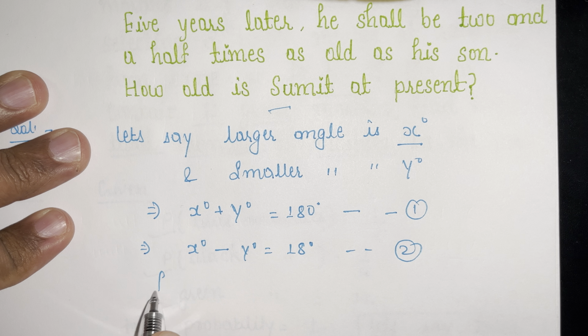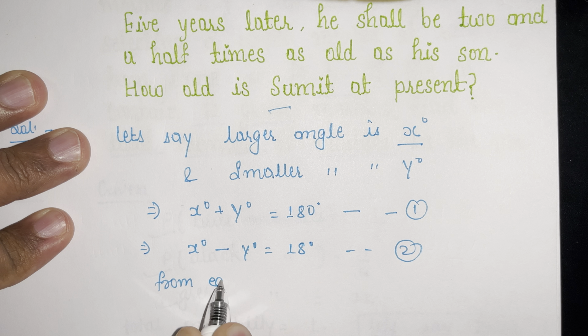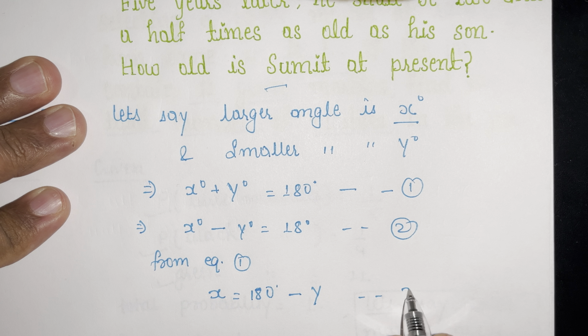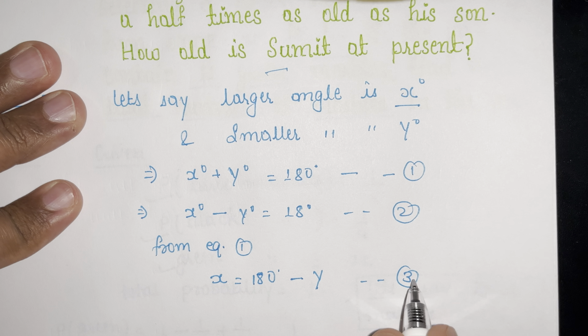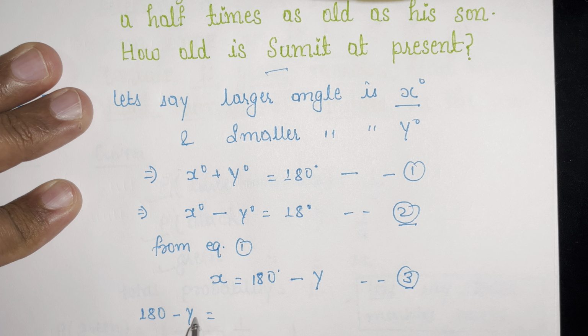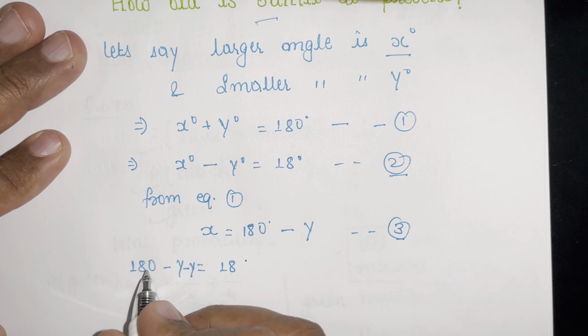So from equation 1, if you rearrange it, X will be 180 degrees minus Y. Let's say it's equation 3. Put the value of equation 3 in equation 2. So you will get 180 minus Y minus Y equal to 18 degrees.